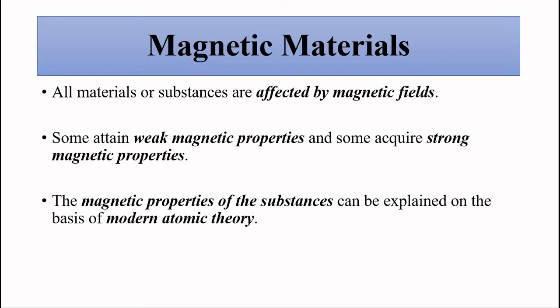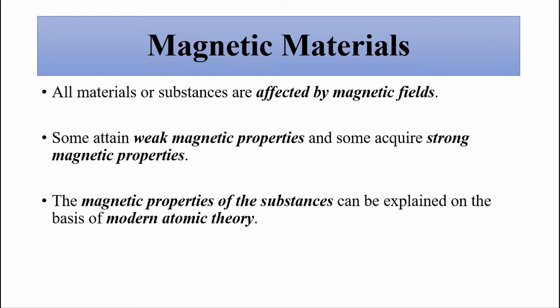When any material is placed in an external magnetic field, it gets affected. Now some get weakly magnetized, that means they attain magnetic properties to a very small extent, while some acquire strong magnetic properties, they get magnetized to a large extent.